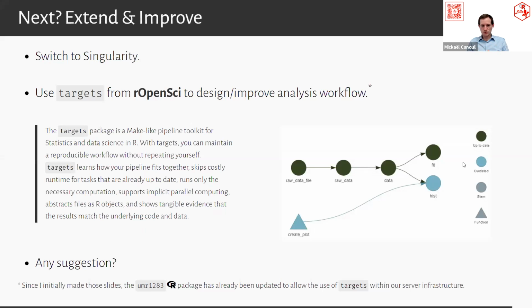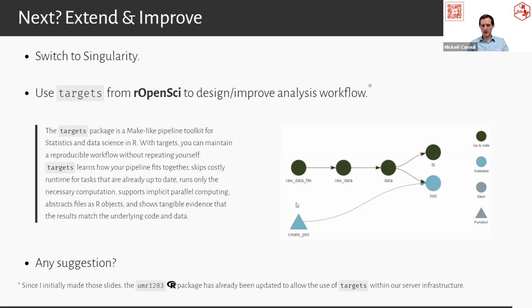So now, to conclude a little bit, the next things to improve reproducibility and transparency would be to switch to Singularity to avoid any security erosion, and also, which is the main focus in my lab for the last few weeks, to use the targets package. If you are not familiar with that package, it's a make-like pipeline which allows you to define different targets, which are steps in your analysis.